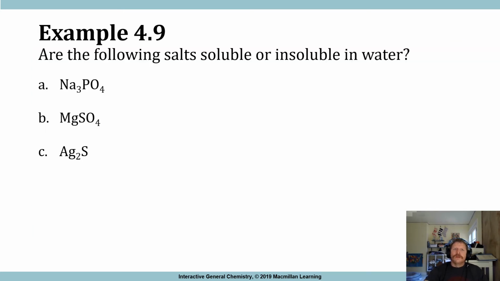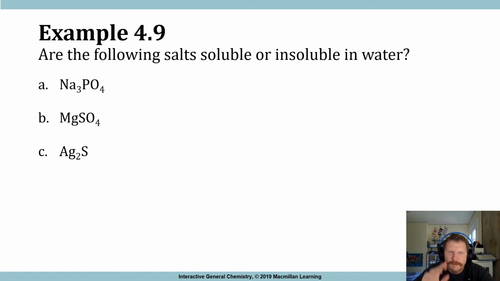Okay, now looking at this table right here. Are the following salts soluble or insoluble in water? Okay, so this is kind of a tricky question. Well, it's really not a tricky question, but it's a question nonetheless. And I'm just going to kind of ruin it for you. I've got this chart open in another window on my computer, so I'm toggling back and forth between that.